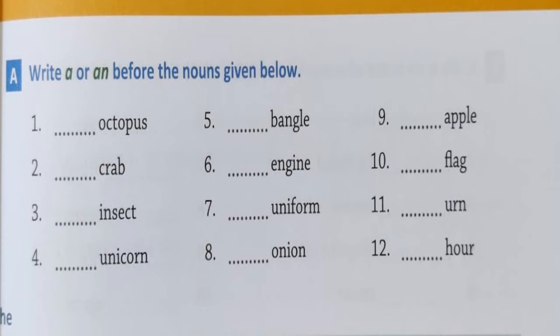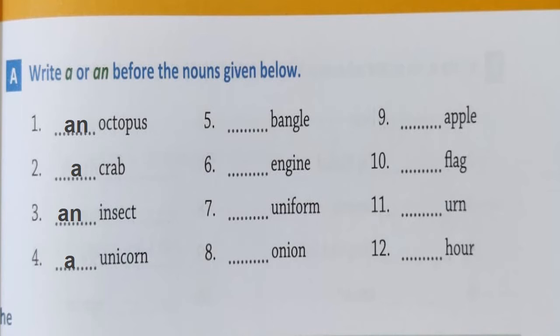Let us start the exercises now. Exercise A on page number 67. Write a or an before the nouns given below. Number 1, an octopus. Number 2, a crab. Number 3, an insect. Number 4, a unicorn.